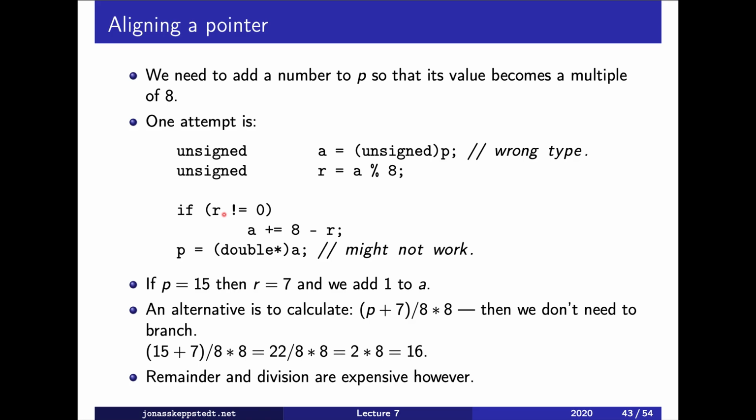Okay, so anyway, when we do this, we check and increment, I mean if r was non-zero, then we increment a so that a becomes a multiple of 8, and then cast back. But this 32-bit a, if it is 32-bit, it could be 16-bit actually, will lose many bits from p, so it doesn't work.